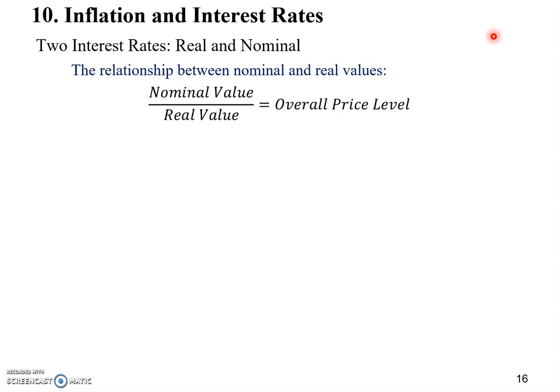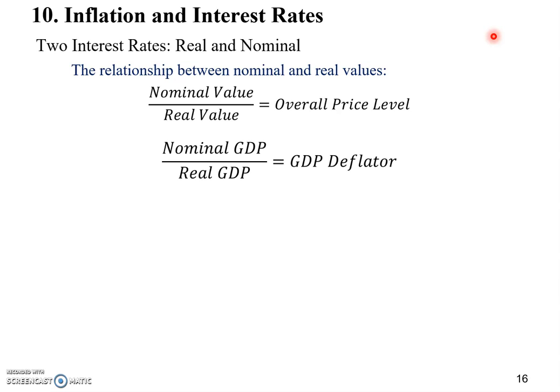If this sounds not that familiar to you, let's check out these two which we discussed before. The first one is that nominal GDP divided by real GDP equals GDP deflator.